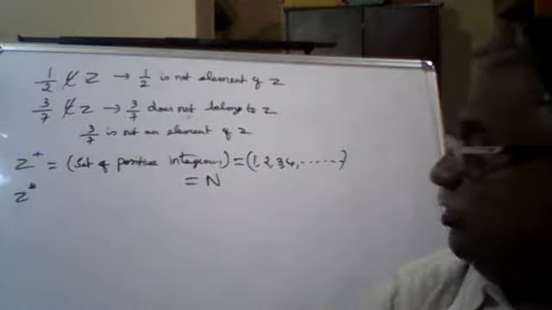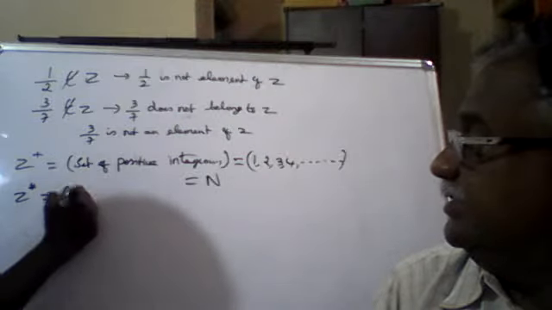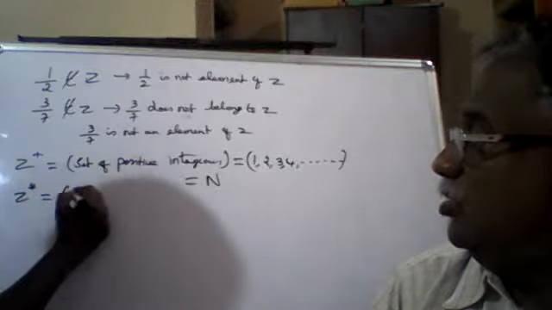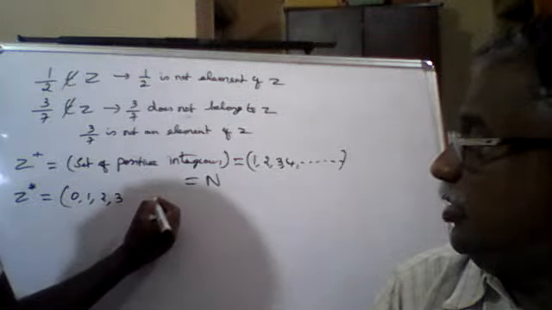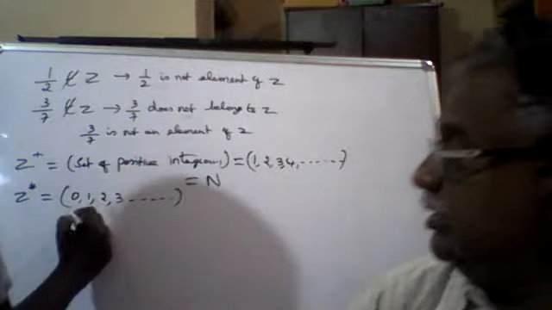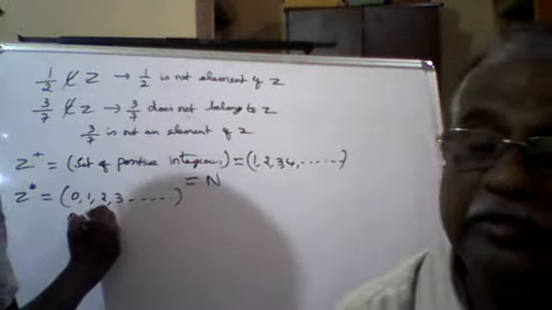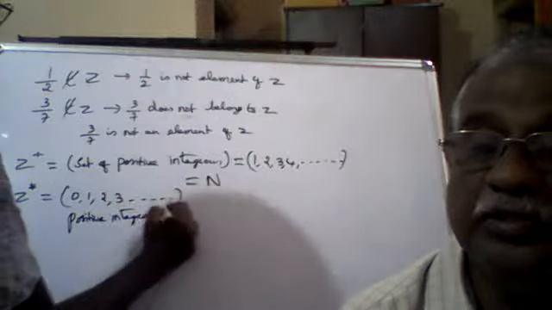You put an equal to and write 0, comma 1, comma 2, comma 3, dot dot dot. Don't write positive integers including 0.